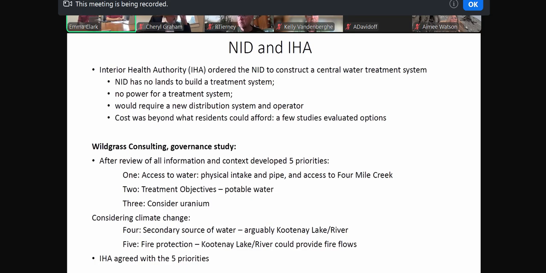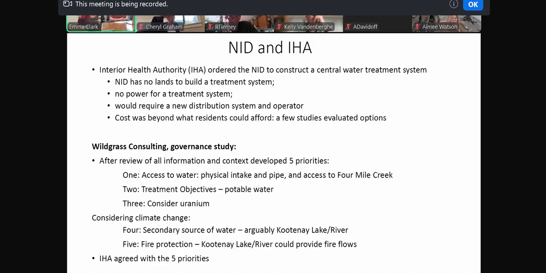So that's a challenge. They don't have any power, so it's a gravity fed system. We'd need to bring power up and require an entirely new distribution system because it's based on a gravity feed, handling pressures, all that kind of stuff. Putting in chlorine for residual treatment, all that stuff.